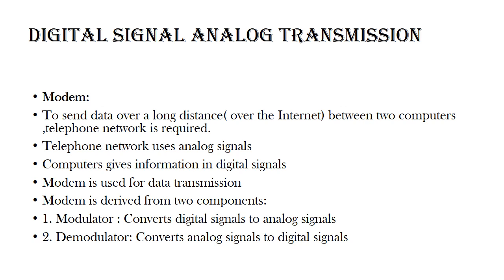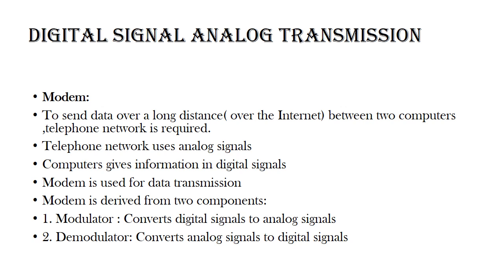So computers are connected through telephone networks. Computer understands digital signals and telephone network understand analog signals. So whenever we have to connect computer network through telephone network, one device is required that is known as modem.